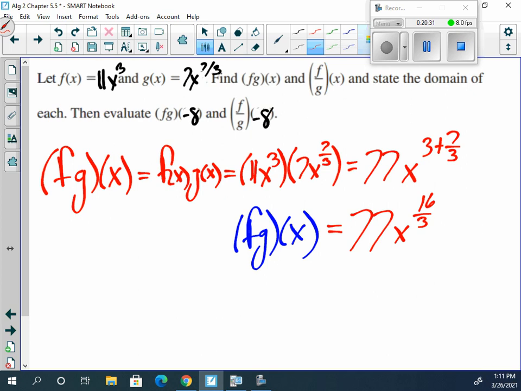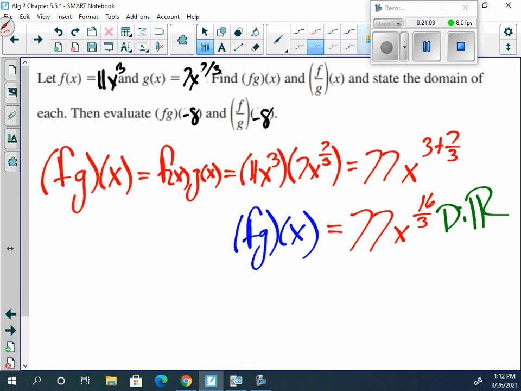Now the domain would be what? All real numbers, because since we're talking about cubed roots, it can be all real numbers. And really, whenever you look at this here, the domain, how we figure out what it is, it's really looking at the restrictions of both functions, what values we can't plug in, and applying that there.